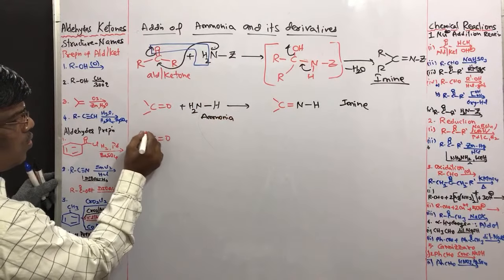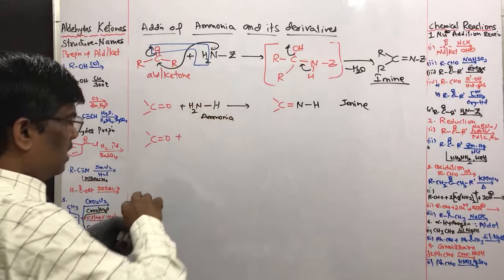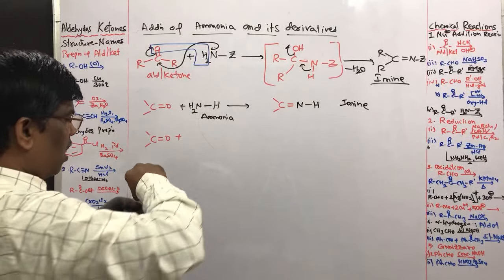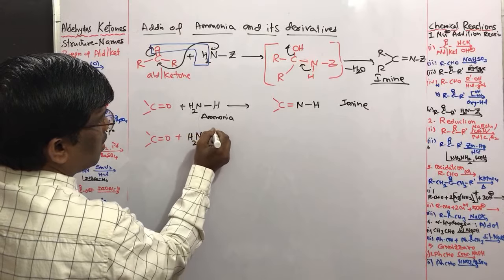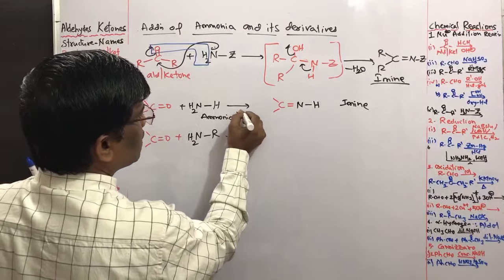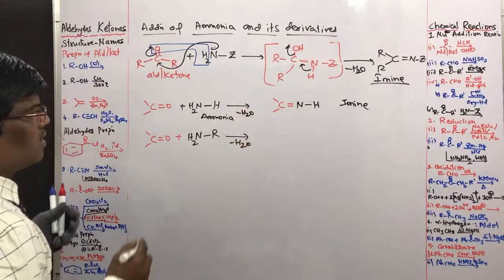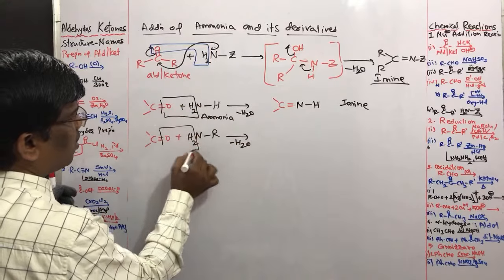And when I use alkyl or aryl amine, let me confine to R group, R, and I am going to get minus water. Yes? So what is water? This is water.